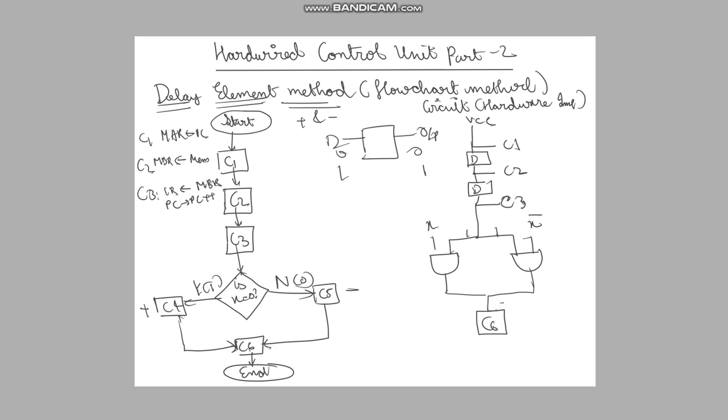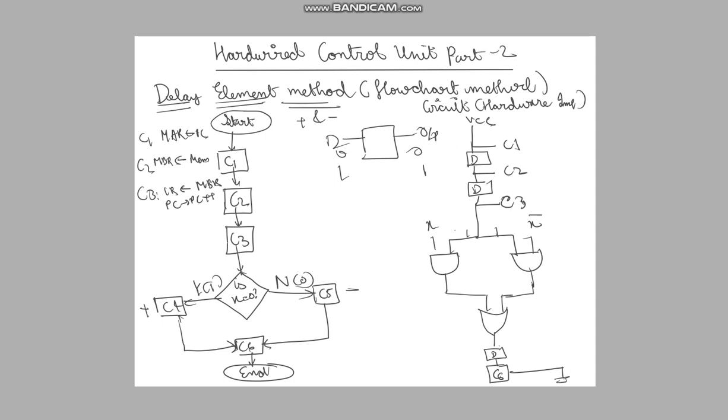Make sure you understand this. You're going to get an output from here or here, an addition or subtraction depending on your X value. So there's going to be an OR gate, then your delay element, and then your C6. And your end, so it's going to go to your ground.